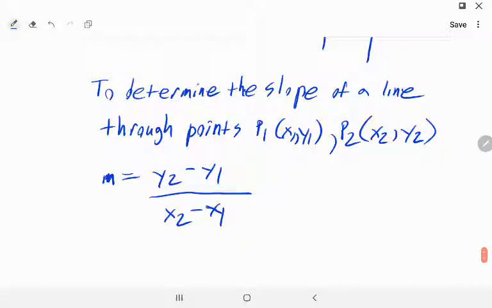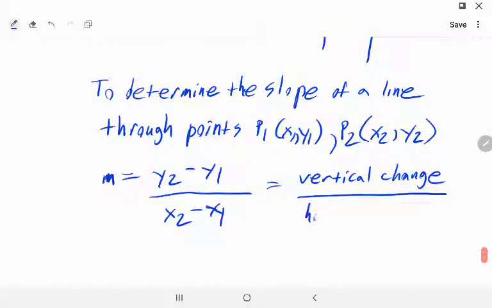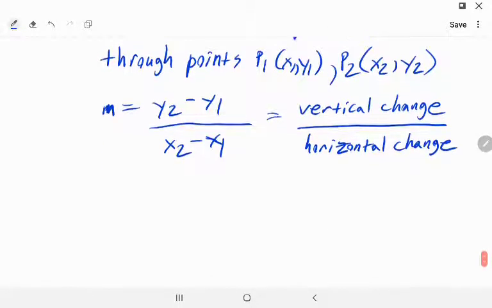And we notice this is really just the vertical change divided by the horizontal change. You also notice the choice of whether to put x1, y1 first or x2, y2 first doesn't actually matter.